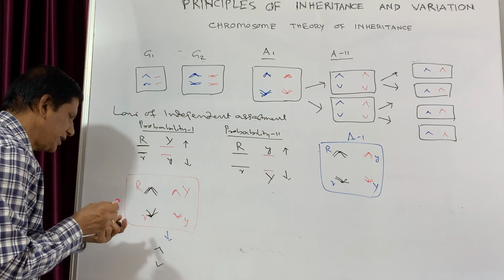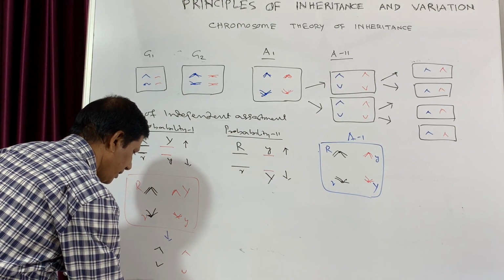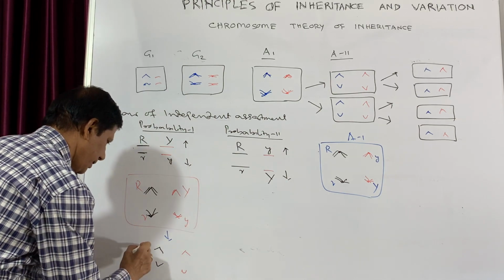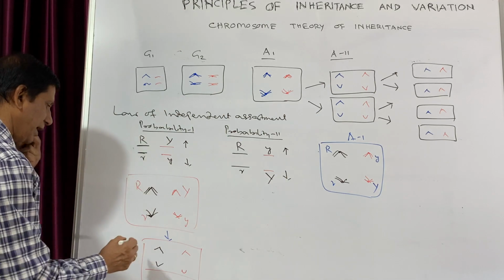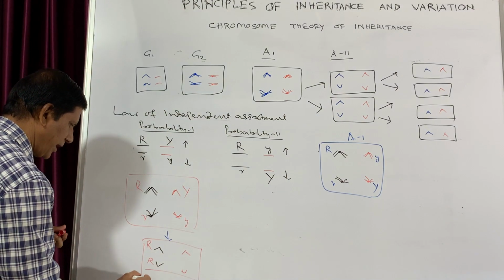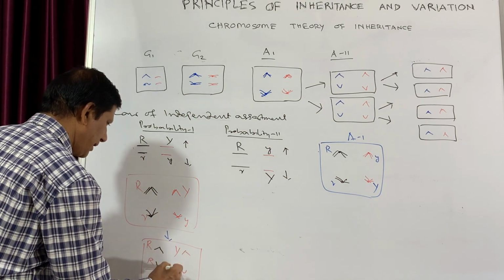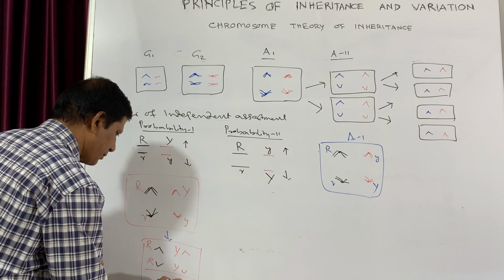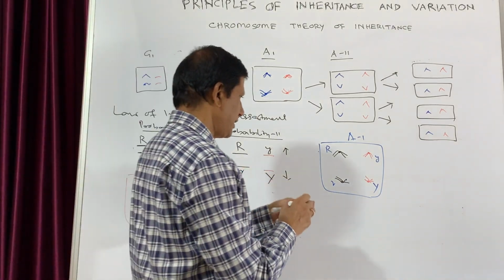While in this case, you see, this is capital R, this is capital R, while these are small r, small r. Here this is capital Y, here small y and small y. But here in this case you see what is happening.